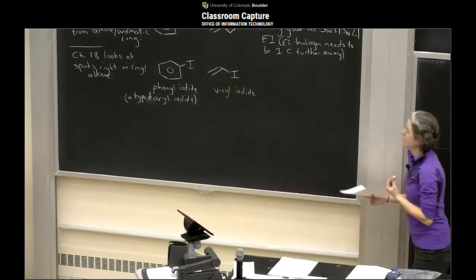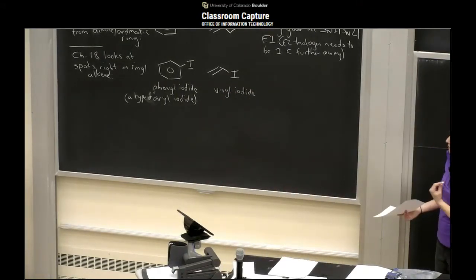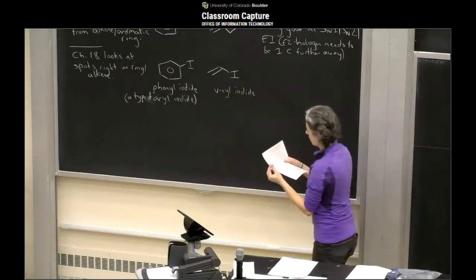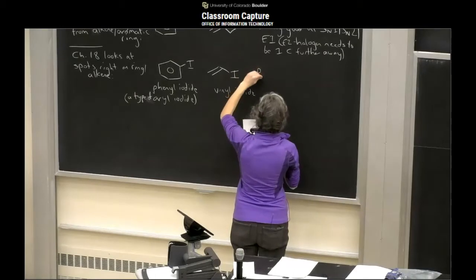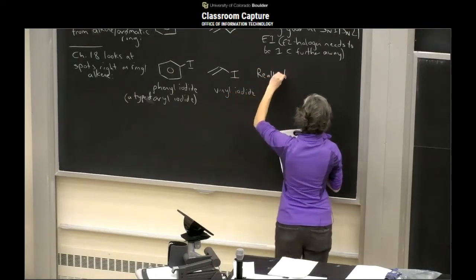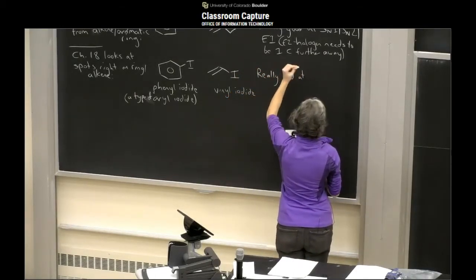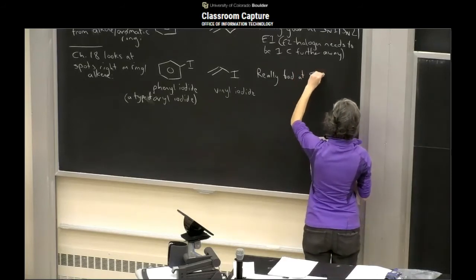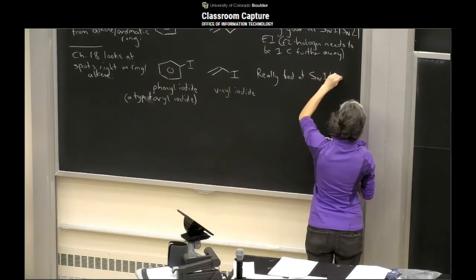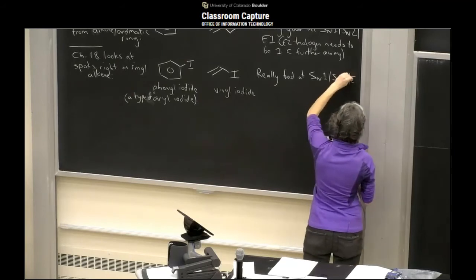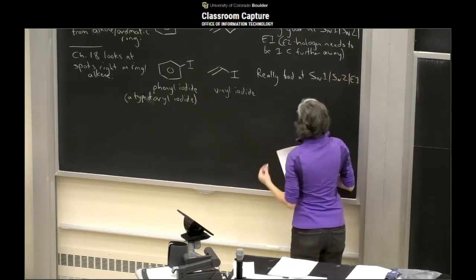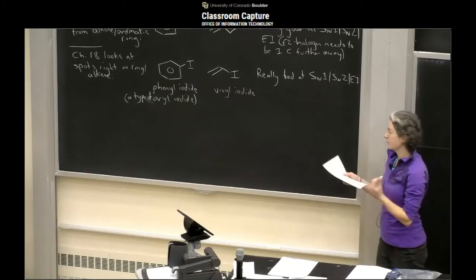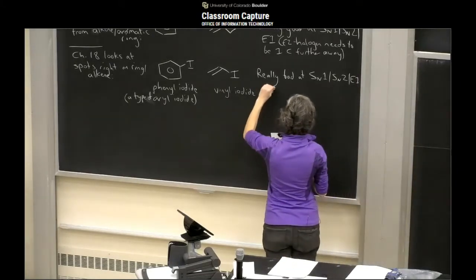Okay, so it looks pretty similar at first glance, but it turns out there's a huge amount of difference between how these things react. These are really terrible at the regular alkyl halide reactions, really bad at SN1, SN2, and E1. They can be okay at E2 under the right circumstances.